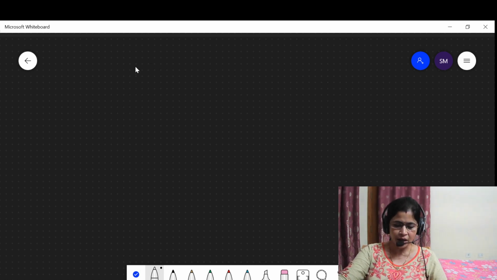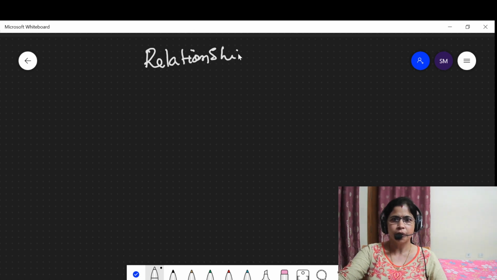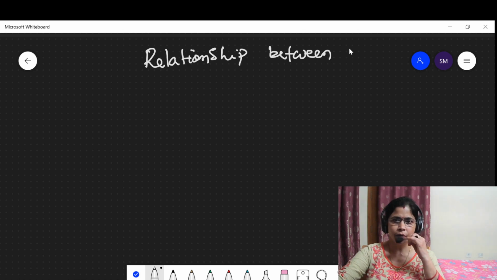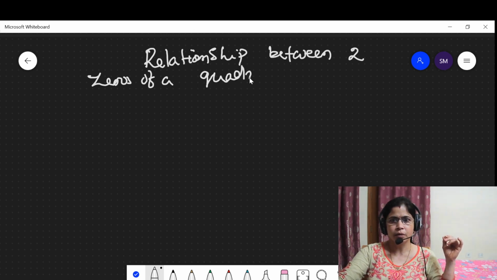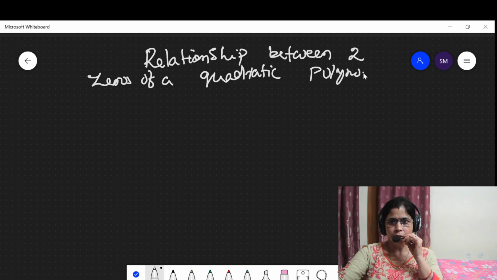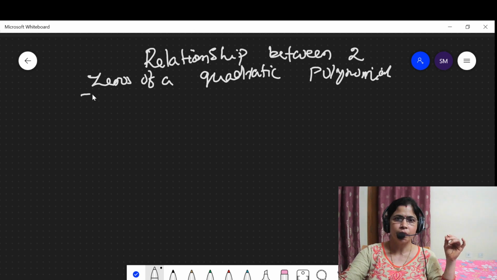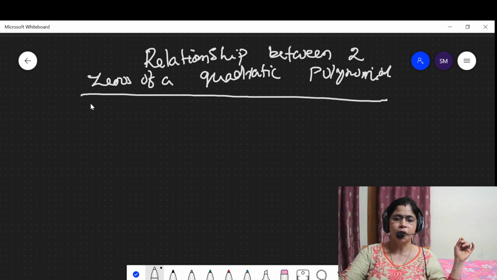Let us find the relationship between the two zeros of a quadratic polynomial.